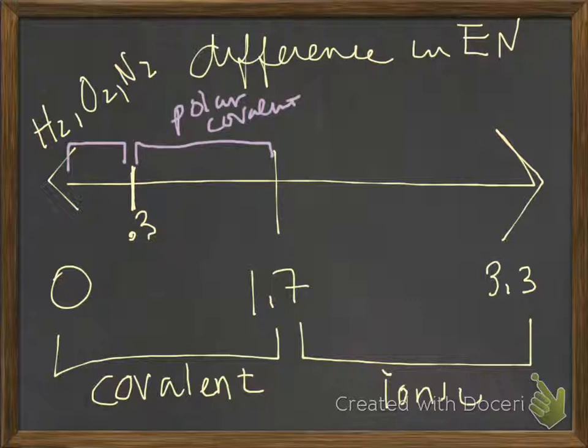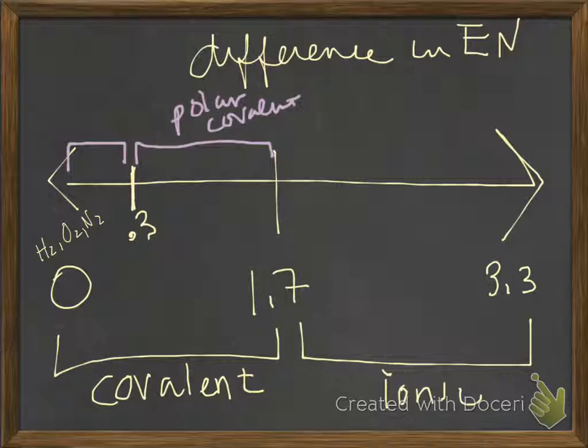And if we're between 0 and 0.3, this is a non-polar covalent bond. So in this one chart, we have sort of three bond types. It's really two bond types, and one of those has some subcategories.